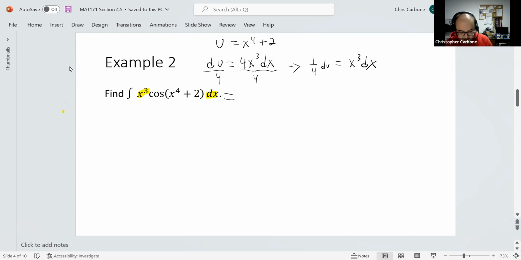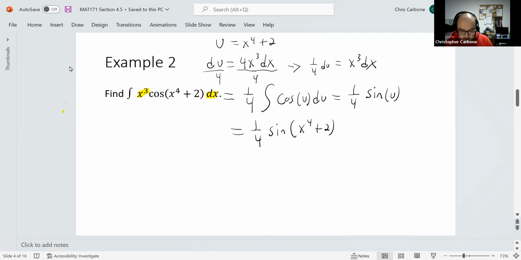And this is the same thing as 1/4 from what we had to take out by dividing by 4 times the integral of the cosine of u du. And this will be 1/4 times the sine of u. And resubstituting back in here at the end, this is 1/4 times the sine of x to the 4th plus 2. And we have the plus c at the end, based on the integration constants.